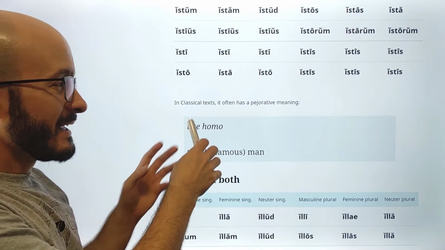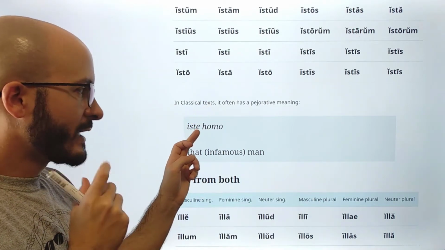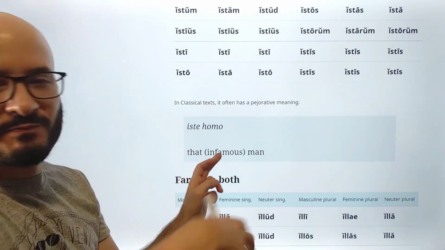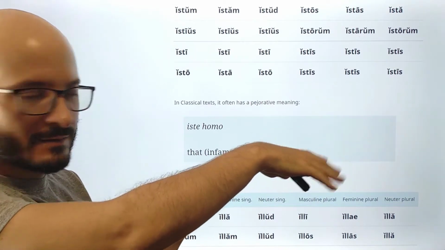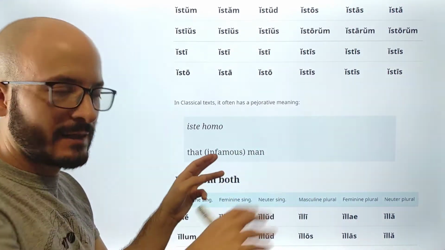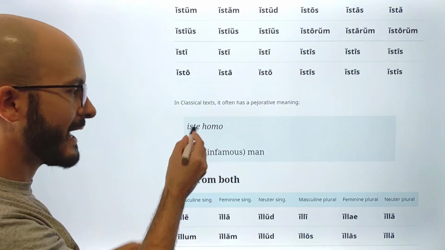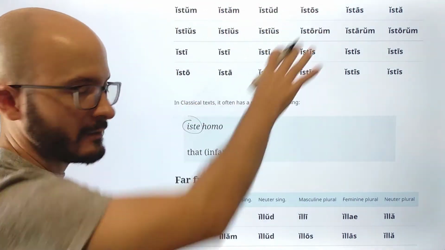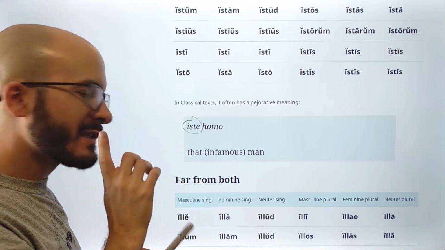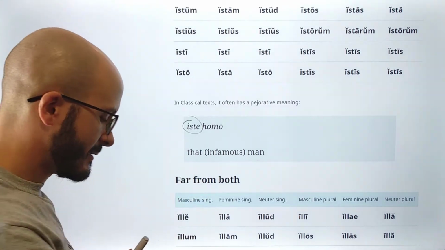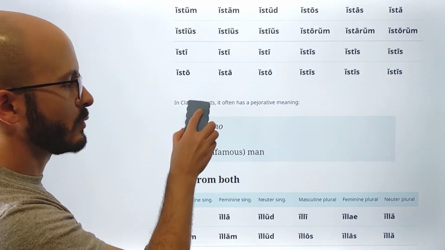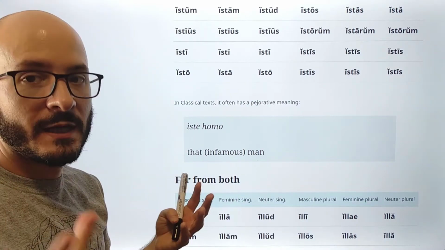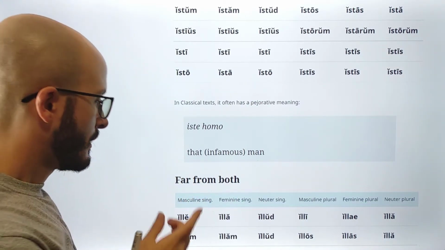But in classical texts, often iste means that infamous man. Like we are saying something bad about that man. Okay, so that's why the pronoun itself is not so easy to find in Latin with a general meaning, okay?